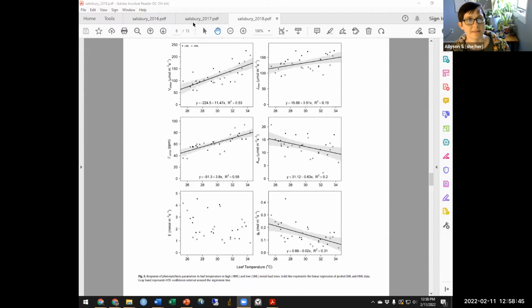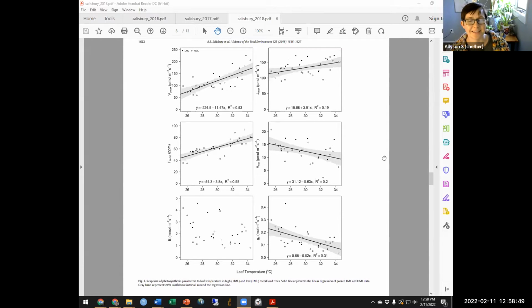So this is a paper, and I guess I will respond with a question: what do you qualify as a lot of data? Because a lot of data means different things to different people. But I don't know if this was the type of situation people were asking about. This was a study about photosynthesis of trees growing in soil that was contaminated with heavy metals.